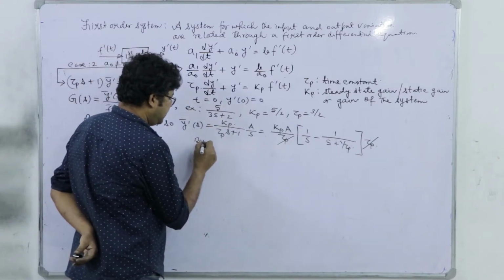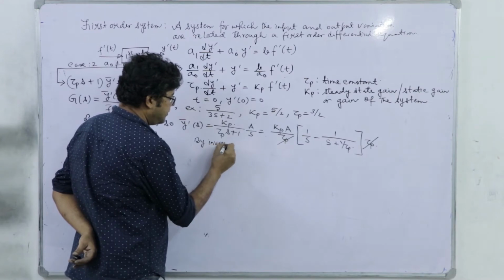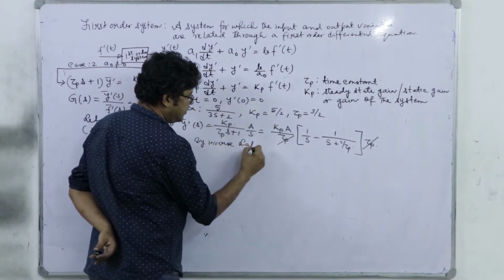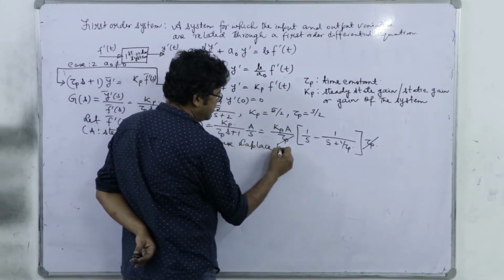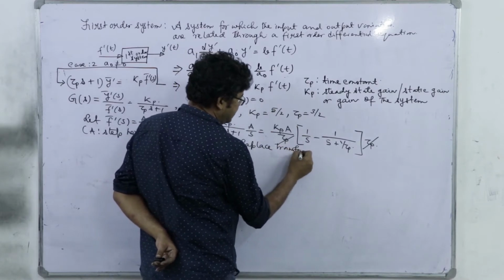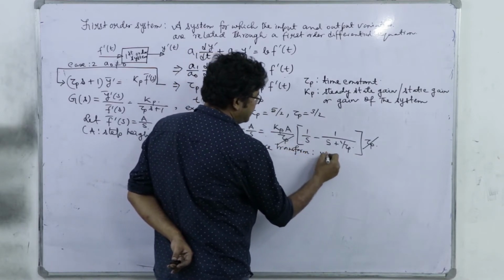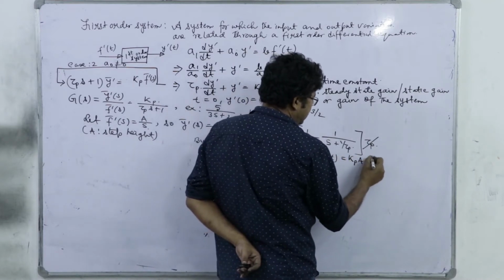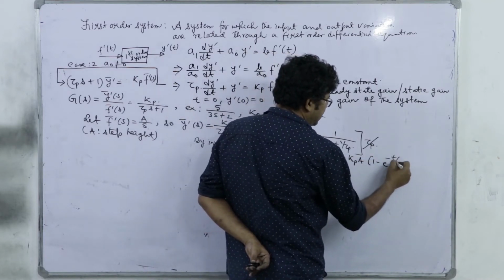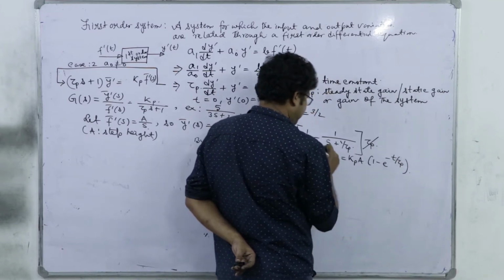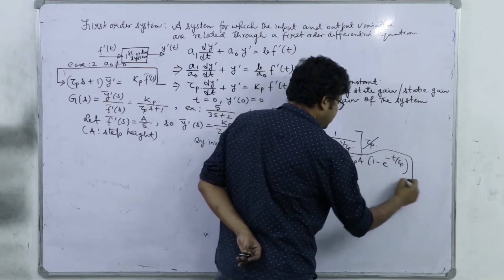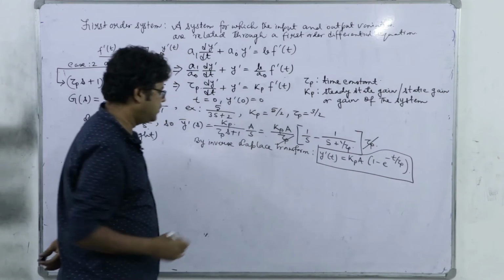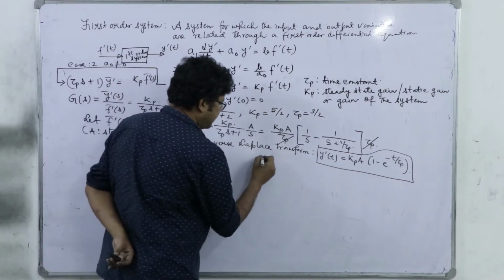So by inverse Laplace transform, y prime t equals Kp into A into 1 minus e to the power minus t by tau p. So this is a typical exponential growth we have here.